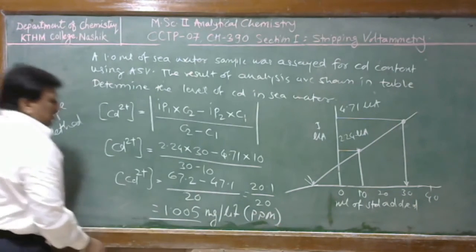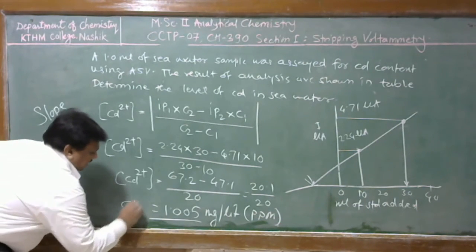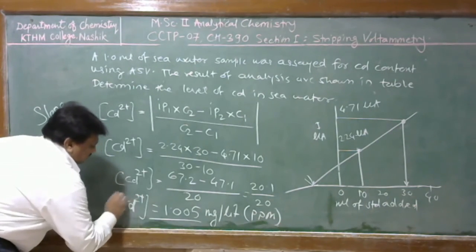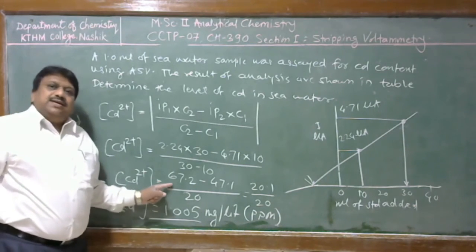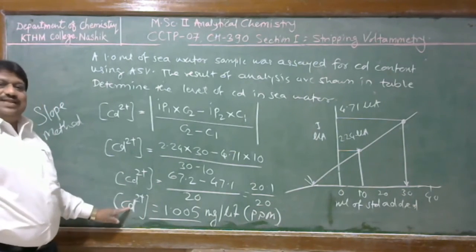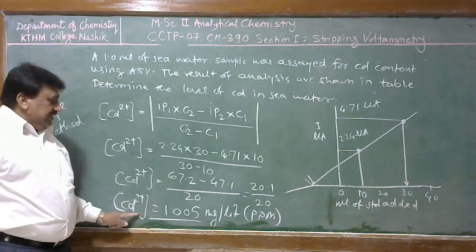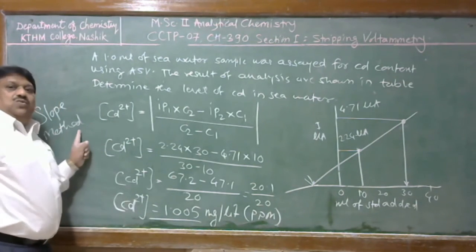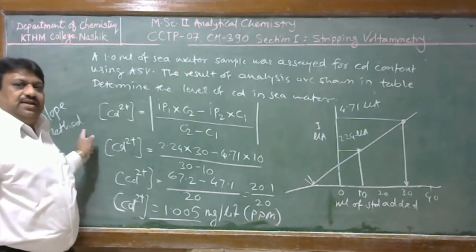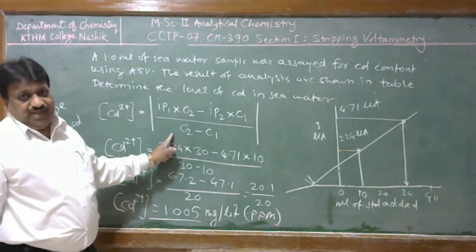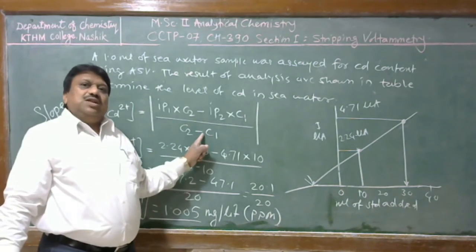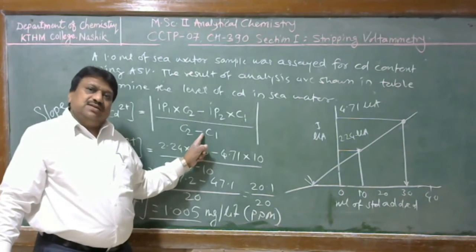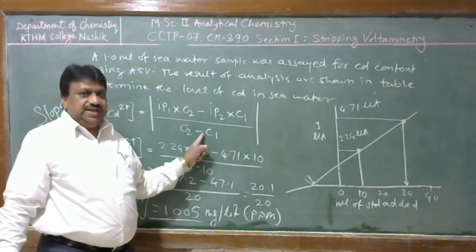This is the level of cadmium present in the seawater. In this way, the concentration of cadmium can be determined by means of the slope method, which is also a technique of the standard addition method. Student, this is all about the different numericals of stripping voltammetry.